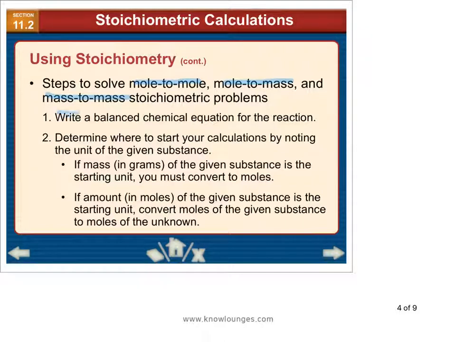Our basic steps are we're going to write a balanced chemical equation. If you start with mass, the first step will be to convert it to moles. Then once you have it in terms of moles, you convert moles of the given substance into moles of the unknown.